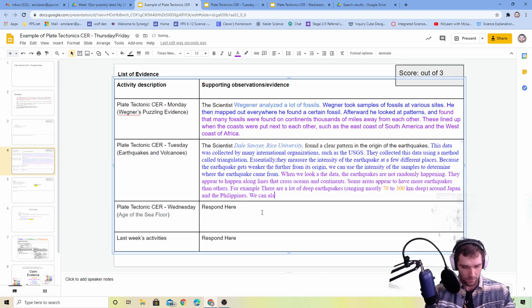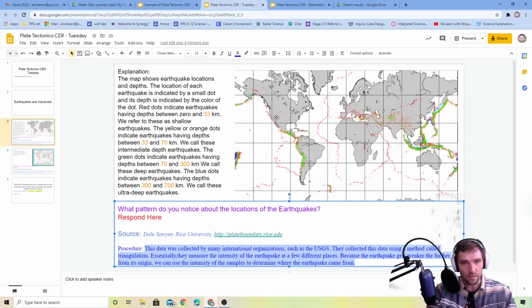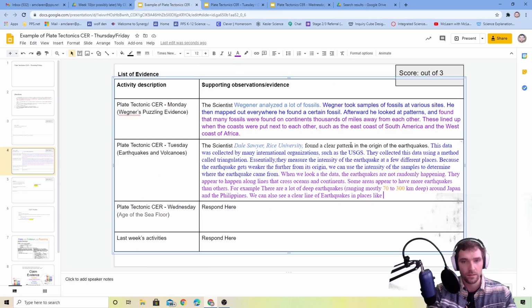We can also see a clear line of earthquakes in places like the West Coast along America, like California, a lot of it, and then a little bit off the coast and into Alaska. The West Coast of the United States.